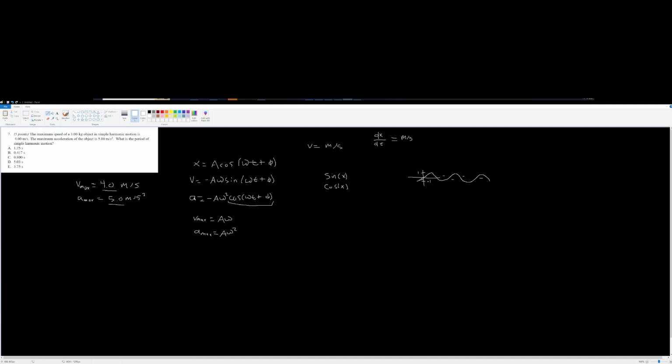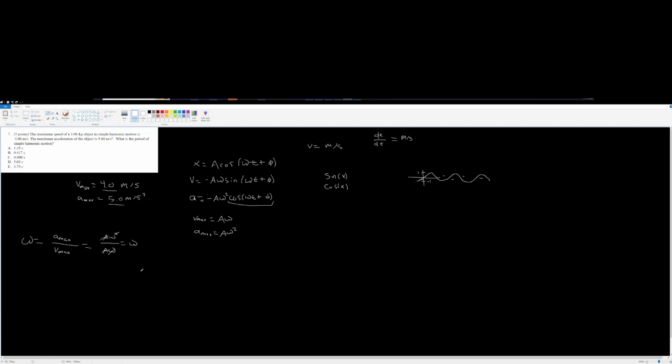So what we can do with this information is, again on our formula sheet, we know that omega is equal to a max divided by v max. And really that comes from if I do A omega squared over A omega, these A's cancel out, and you're left with 1 omega on top, and that just equals omega.